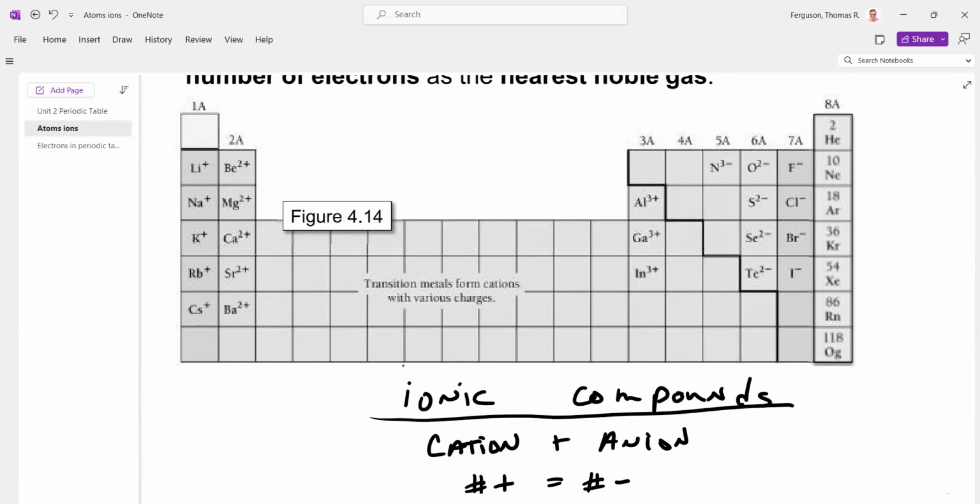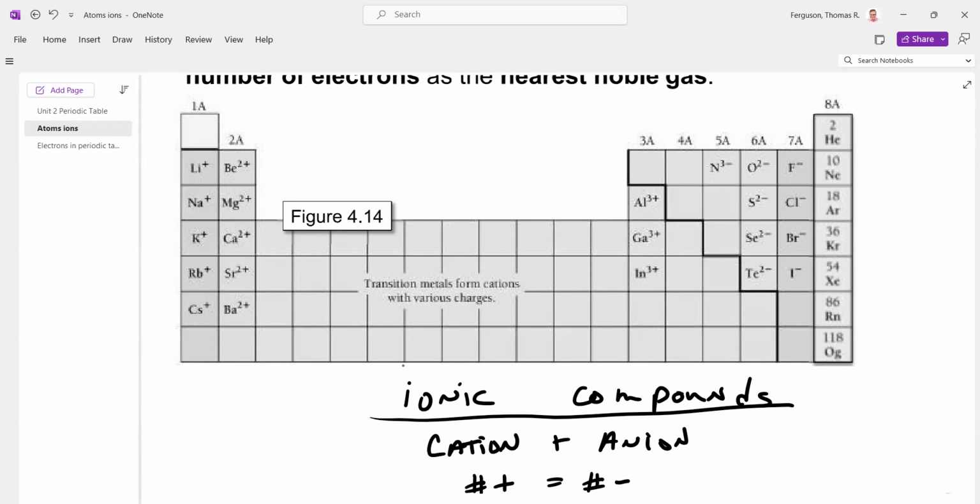So if this is +2, that's got to be -2. So we have a net charge of 0 on an ionic compound. So in nature, if these are the natural forming ions, then these guys are going to naturally hook up with these guys.